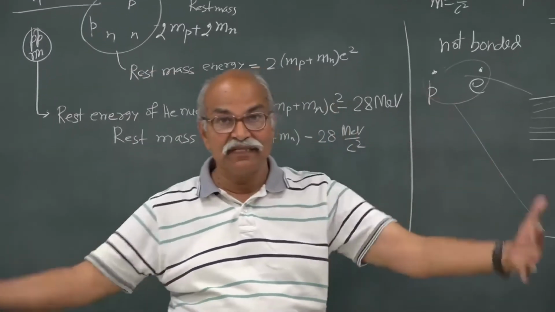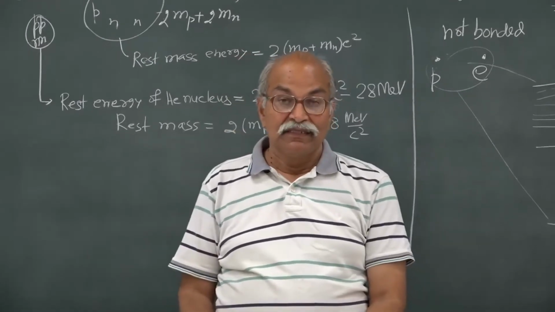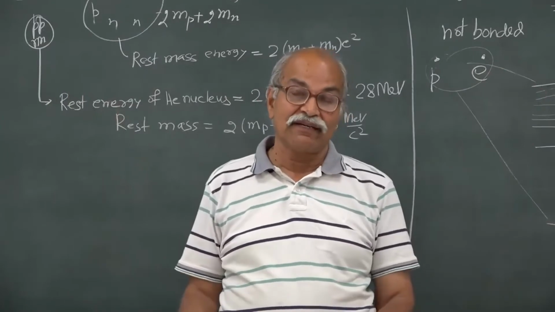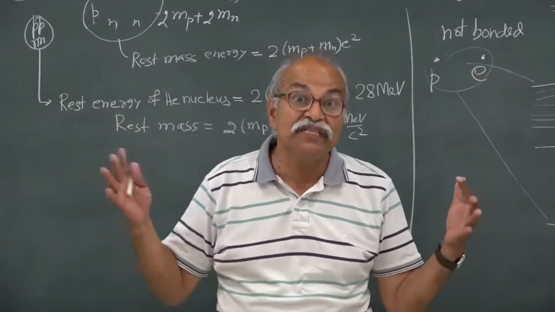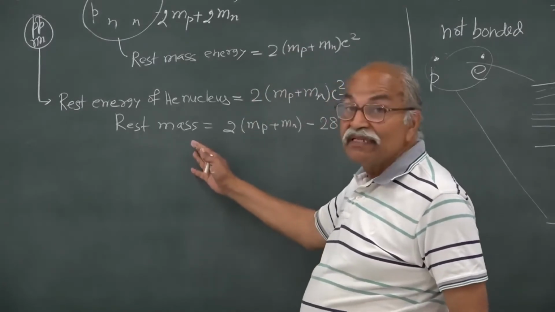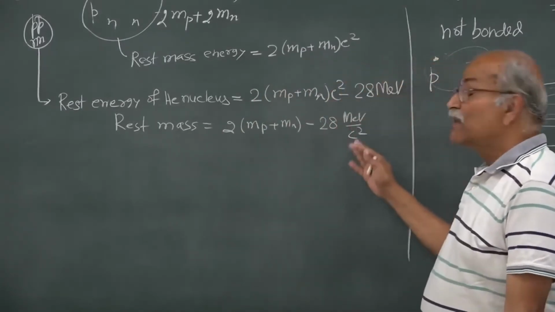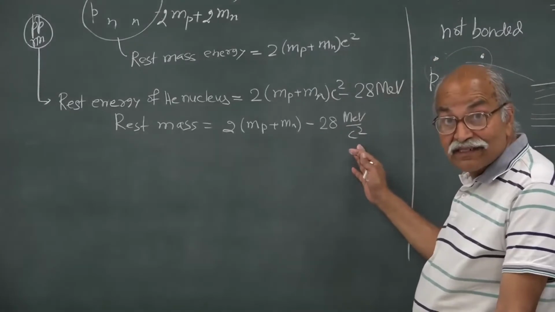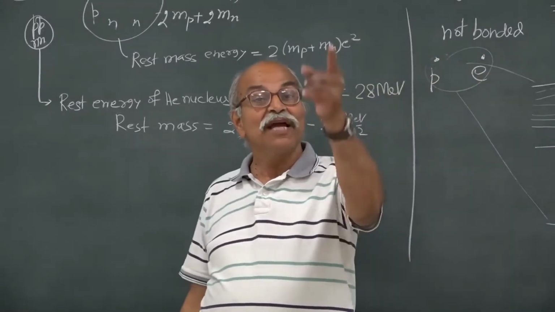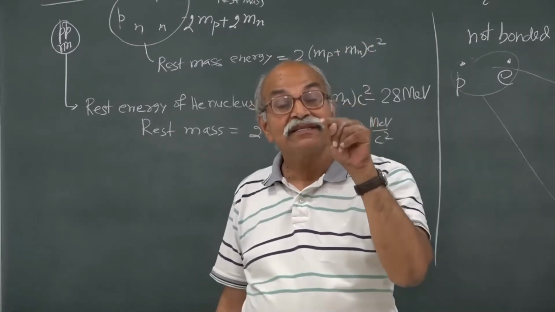You have instruments and methods, and very accurate measurements are available for all nuclei. From those we know that the rest mass of helium is about 28 MeV by c square less than 2 times the proton rest mass energy plus 2 times the neutron rest mass energy.